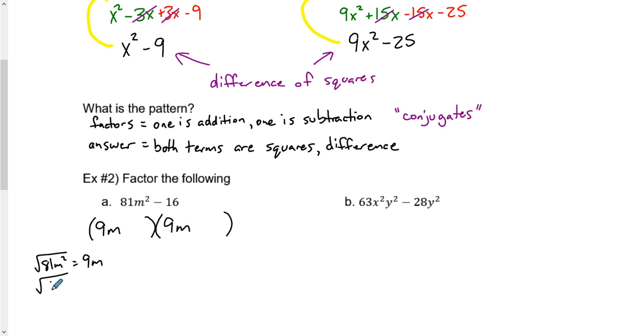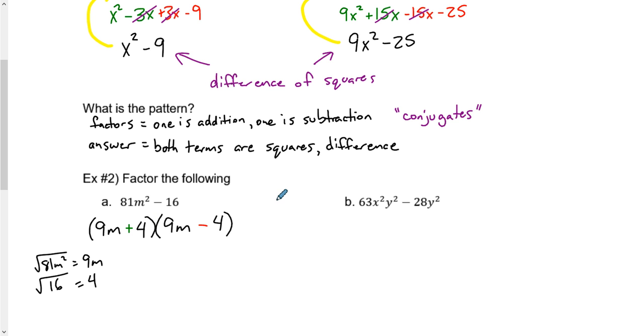The square root of 16 is 4. Now you just say one's going to be addition, one's going to be subtraction. You don't need any more work than that. You do not need to write the positive then the negative. You could write the negative and the positive.